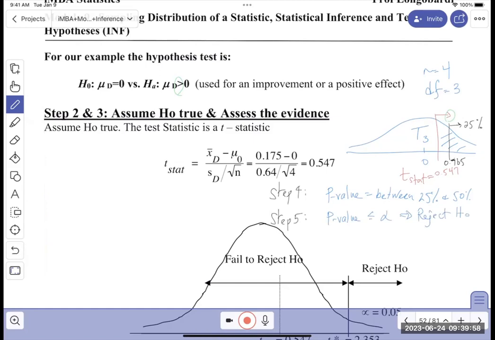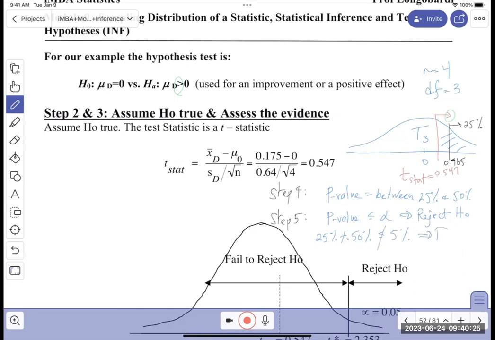So as I explained, this is your standard to remember. The conclusion is always the same conclusion, no matter the direction, doesn't have to do with the alternative. It's a test to see if what you got is unusual. So your p-value was between 25 to 50%. That is not less than 5%.